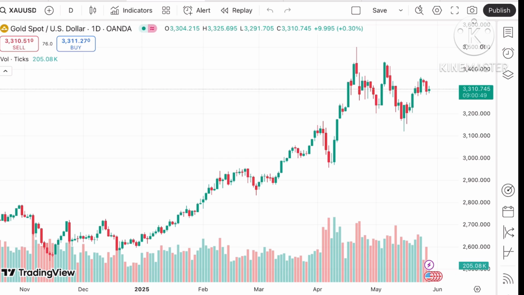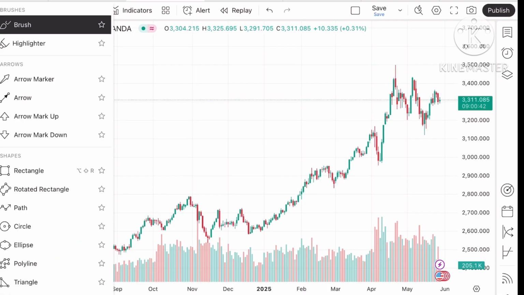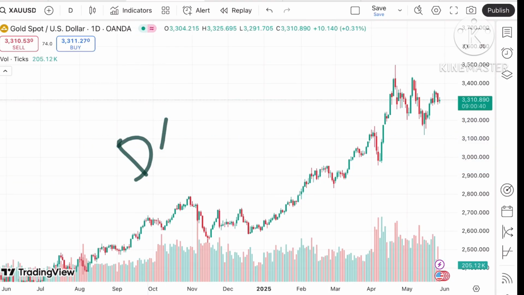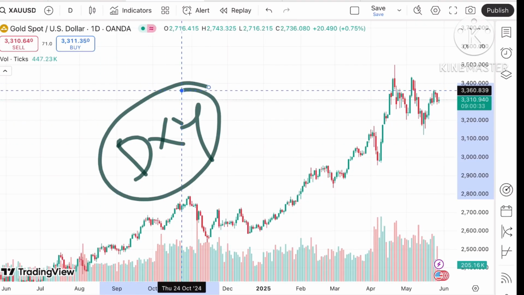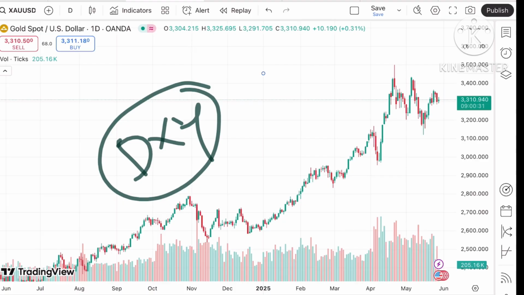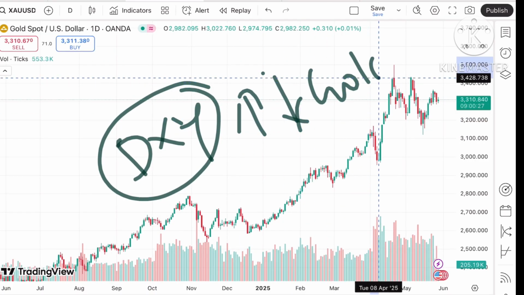There are a lot of factors creating volatility in the gold market. One factor is the dollar index, along with the Fed interest rate, CPI data and PPI data. These are all the events. The dollar index and gold are inversely related to each other. When the dollar index rises, we see the gold price come down.